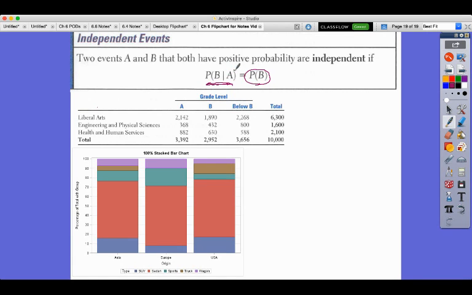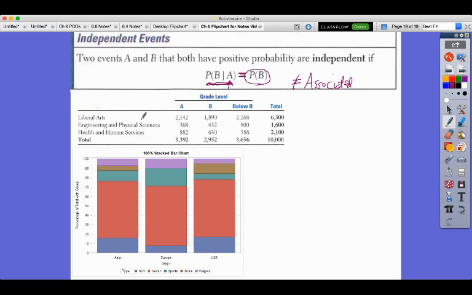And if that probability doesn't change, given that A happens, that's the definition of independence. When A occurs, it doesn't change B's probability. If A occurring changes B's probability, then they're associated, okay? If it's not equal, then A and B would be associated. It's the opposite of independence.